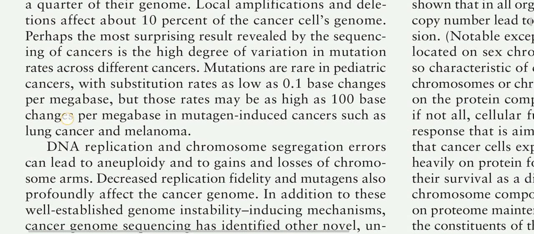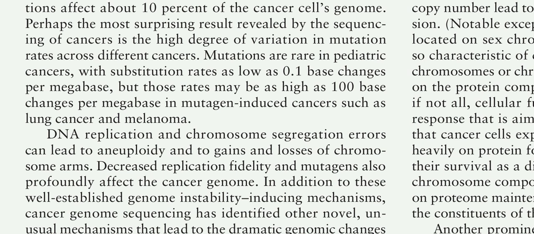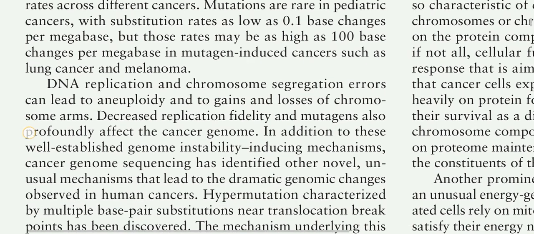Perhaps the most surprising result revealed by the sequencing of cancers is the high degree of variation in mutation rates across different cancers. Mutations are rare in pediatric cancers, with substitution rates as low as 0.1 base changes per megabase, but those rates may be as high as 100 base changes per megabase in mutagen induced cancers such as lung cancer and melanoma.